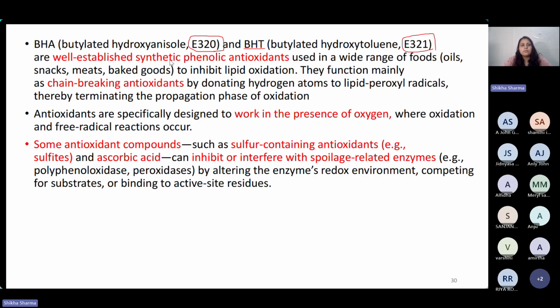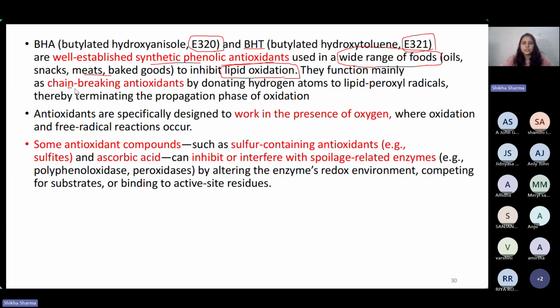They are well established synthetic polyphenolic antioxidants used in a range of food products like oils, snacks, meats, and baked goods, to inhibit lipid oxidation.